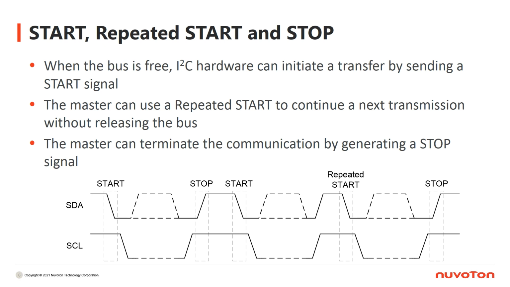Besides, if the master would like to continue a next transmission without releasing the bus, it would use a repeated start signal to make it. The repeated start signal is the same as the start signal, which the SCL keeps high and SDA goes from high to low.